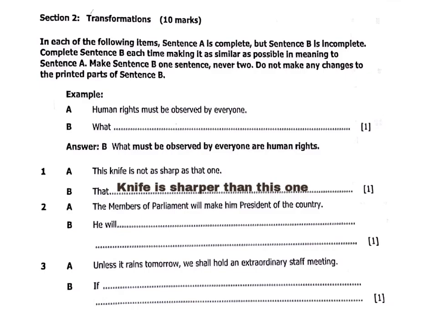Then as for question 2A, it is saying, the members of parliament will make him president of the country. So in this statement, who is going to make the president of the country? The members of parliament.